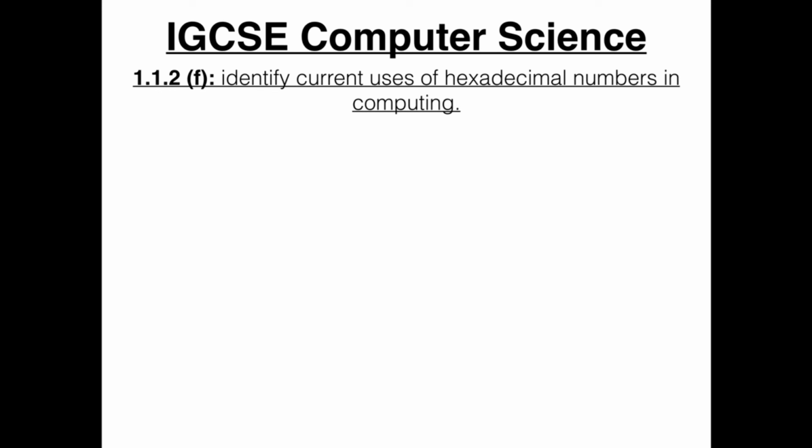Now we've gotten on to the last statement of hexadecimal, and this is the actual uses of it. You might already know a few, like HTML and MAC addresses, they all use hexadecimal. That's basically what we're going to be covering in this video.